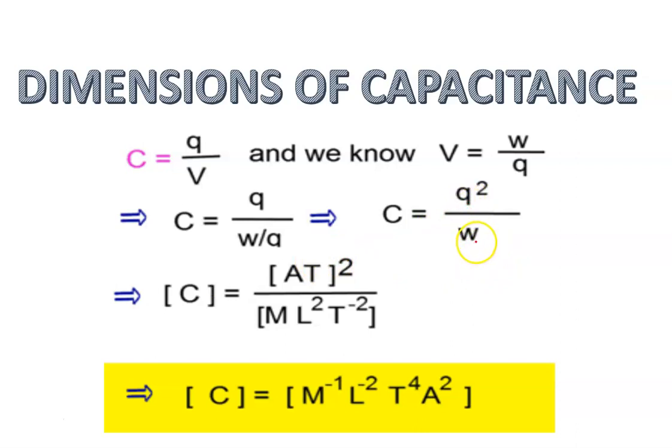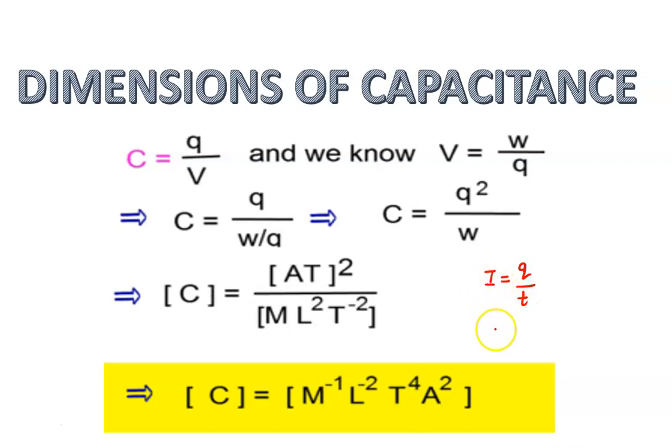W is the work, and work is the amount of energy, so we can put the dimensions of energy in place of the dimensions of work. We know that current is equal to charge per unit time.